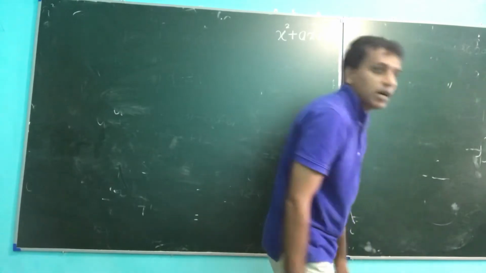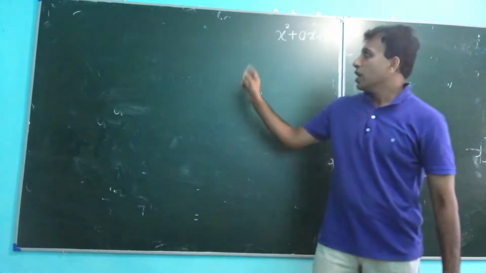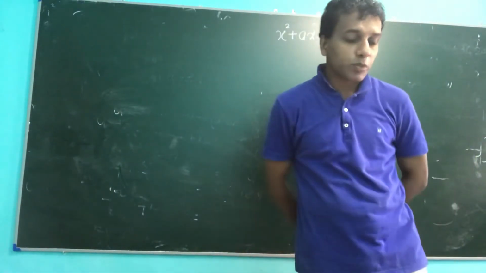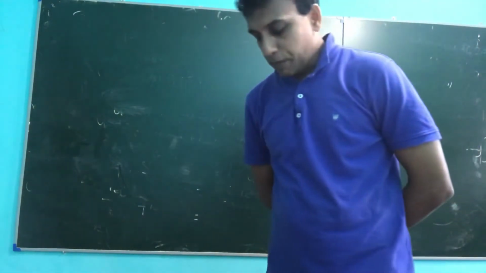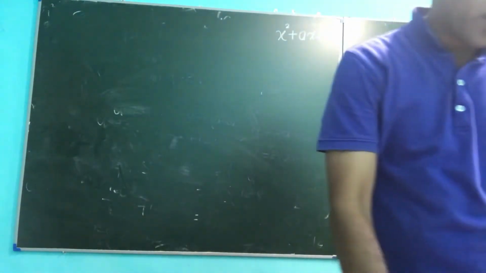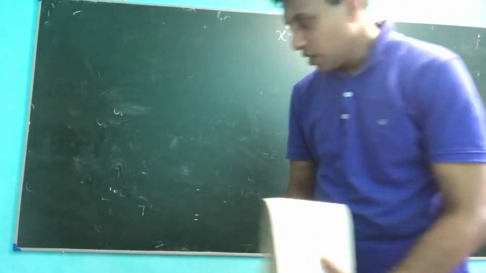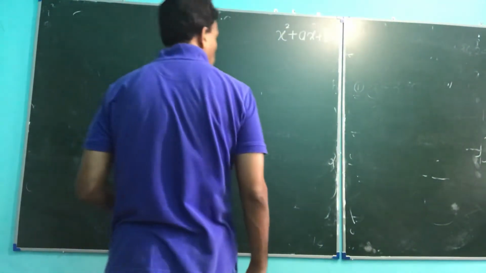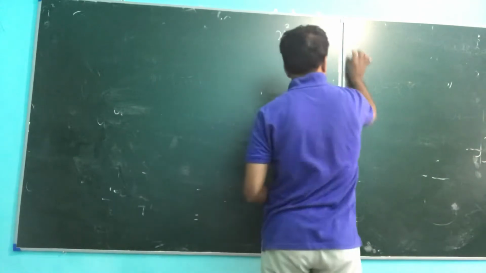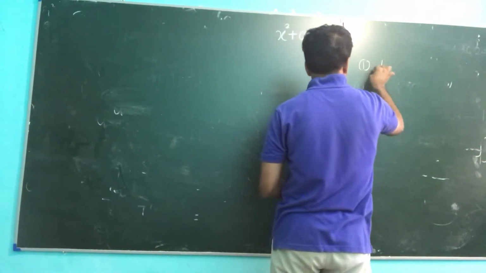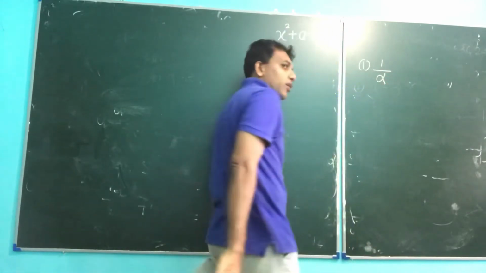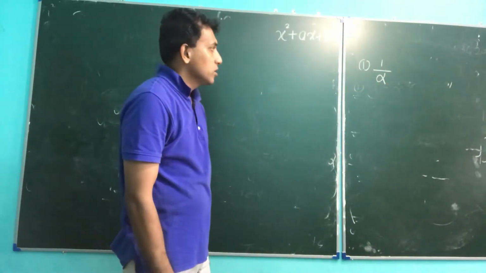Alpha and beta are the roots of x square plus ax plus b equal to 0. Right, below, find the quadratic equations.